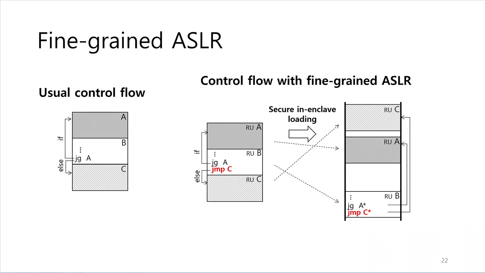So we must redirect the control flow. So we insert a jump instruction at the end of each randomization unit. And at runtime, we must update the memory references correctly based on the randomly moved places.